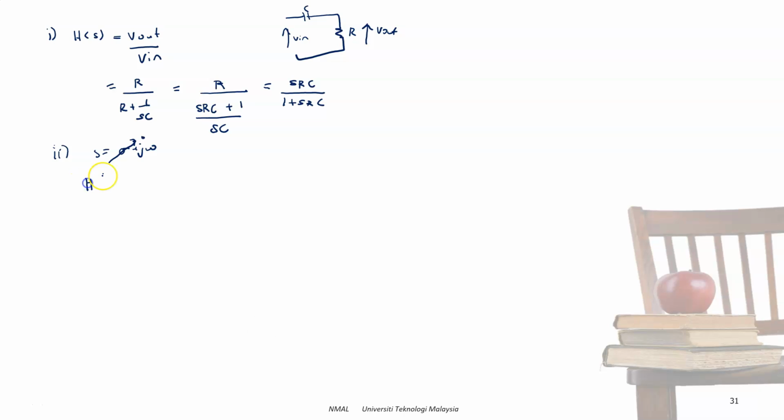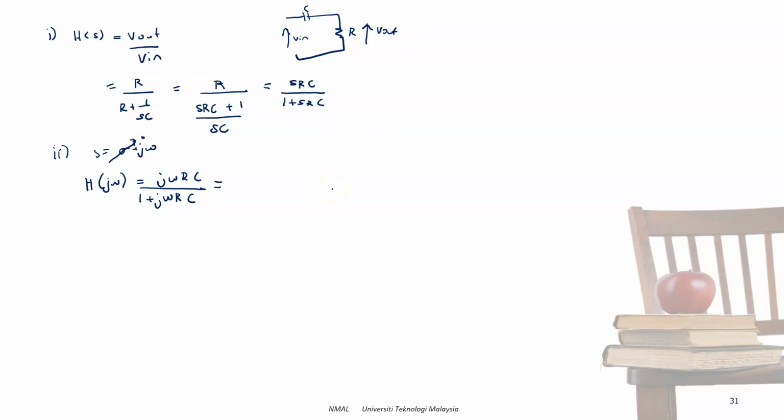So H(jω) is equal to jωRC divided by 1 plus jωRC.